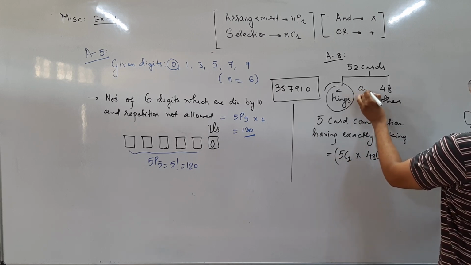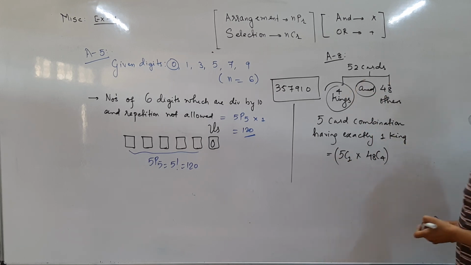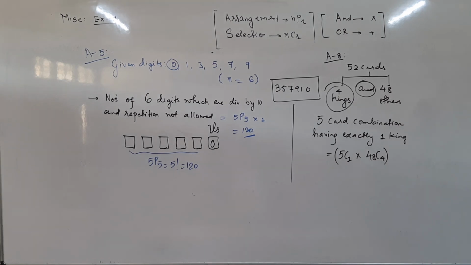For the 4 other cards there is no condition. So from the remaining 48 cards we can have any 4 cards. That is the main part of the sum.